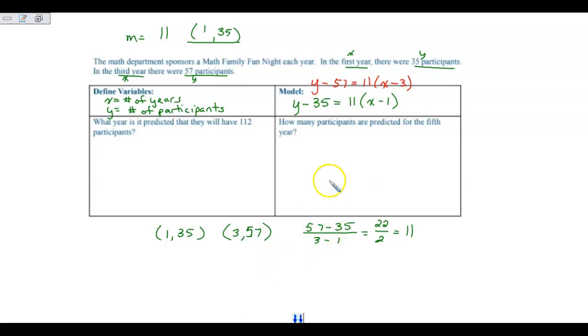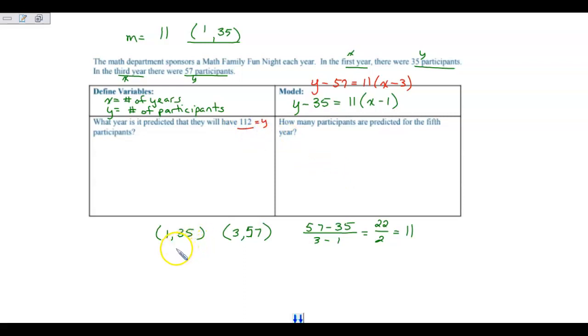Either one's fine. Both will get you the same answer. All right, so what year is it predicted that they are going to have 112 participants? So the total number of participants would be 112. And so they want to know when we would have 112. 112 is your participants, so it's going to be your Y.